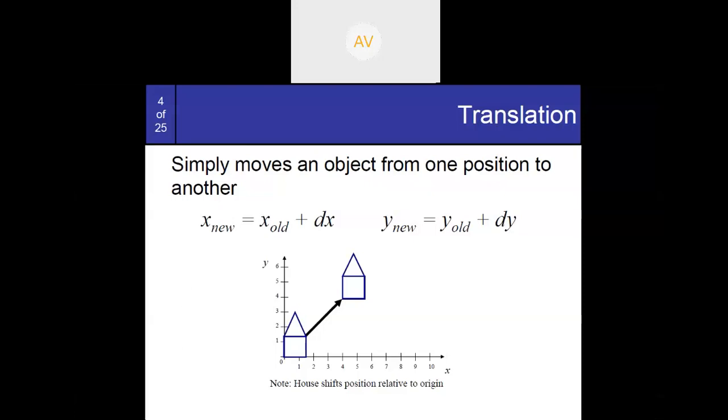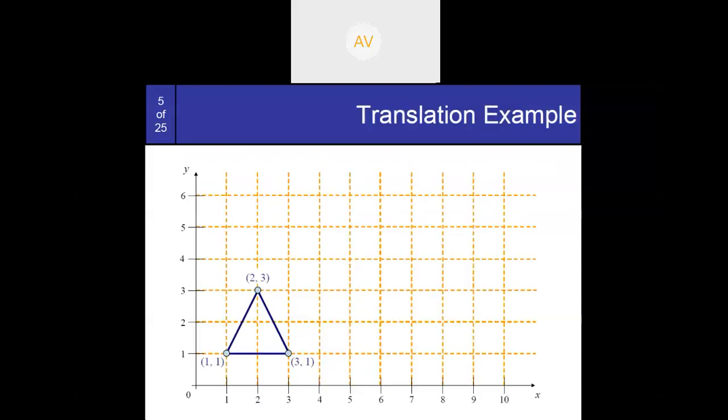So this is how translation transformation works. One more example we can see here. An object has first coordinate 1, 1, second coordinate 3 comma 1, and third coordinate 2 comma 3. So this is a triangle. If you want to translate it, you add tx equal to 2 and ty equal to 2 in this formula.